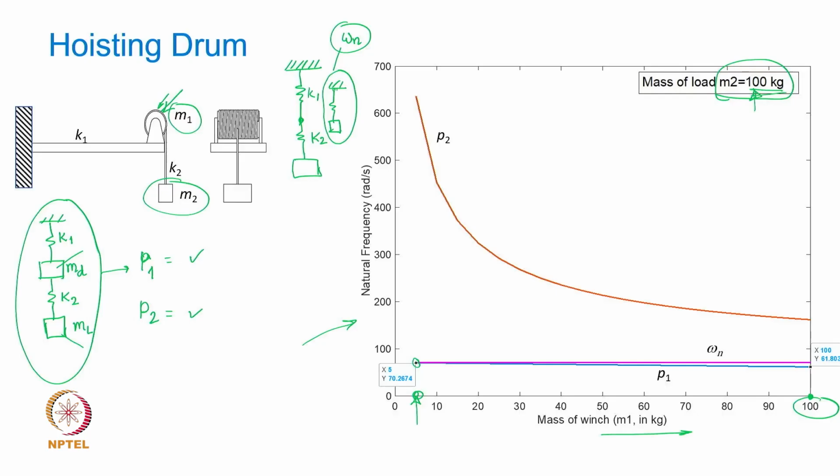Huge difference in the two masses, 20 times. Now if this is the case, the first of the two natural frequencies will be close to 70 radians per second, and the other one will be about 625 or 630 radians per second.